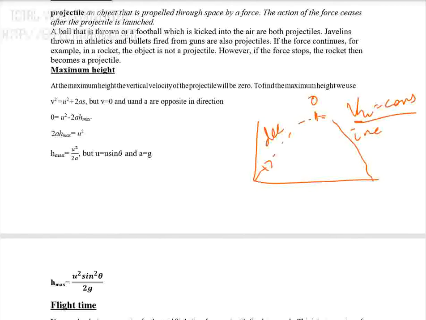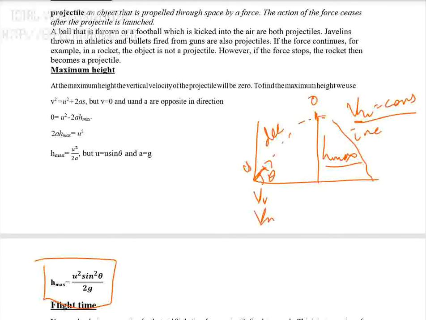And if you are asked to determine the maximum height, you can see the derivation, and this h max is calculated by using the equation u square sine square theta over 2g. U is the initial velocity without resolving, and when you resolve vertical and horizontal velocity, you can use the angle theta.